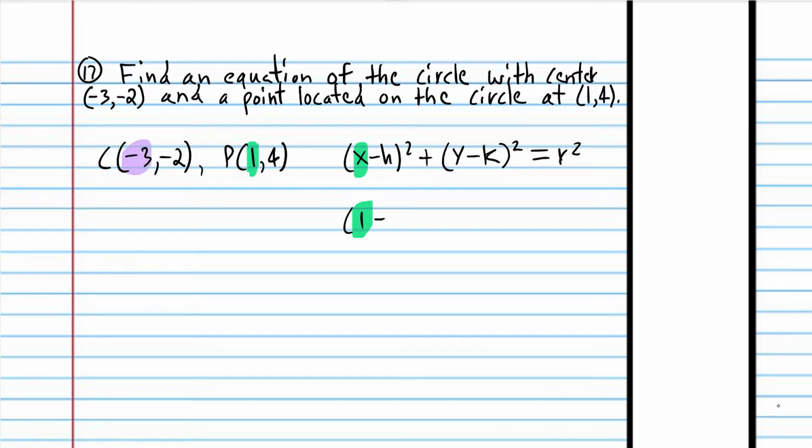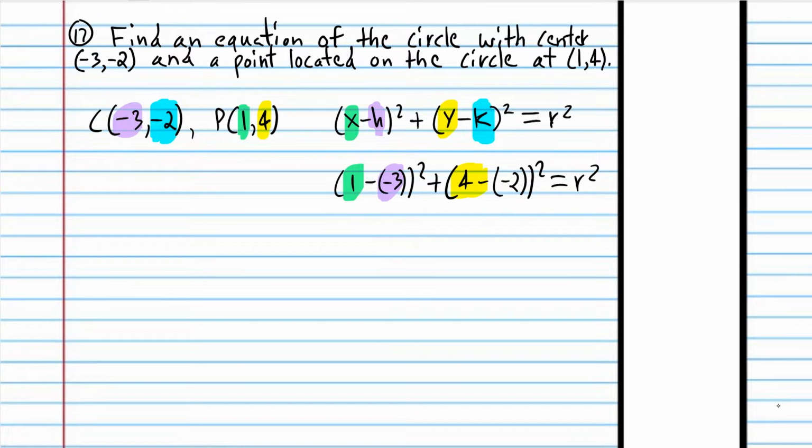That's -3. Then we plug in the y value of our point, which is 4. And we subtract the y value of the center. So that's -2. And that's going to help us find r. Once we find r, then we can write the final equation.